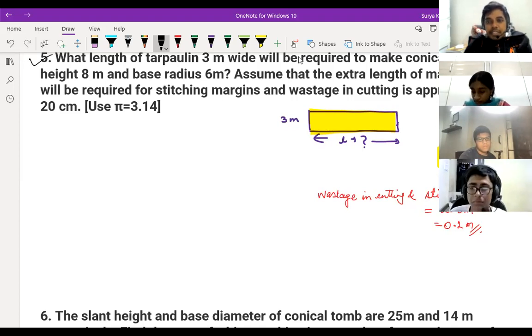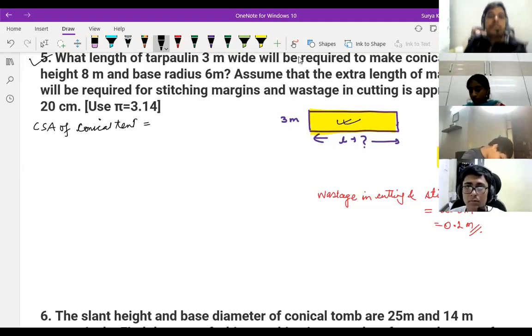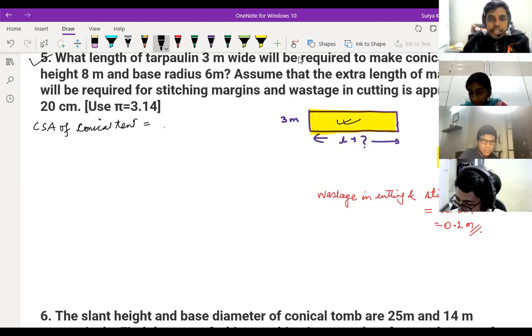So we have to cover the conical tent with tarpaulin. So the curved surface area of the conical tent should be equal to the area of the tarpaulin, right, children? So I am writing: CSA of conical tent is equal to area of tarpaulin.